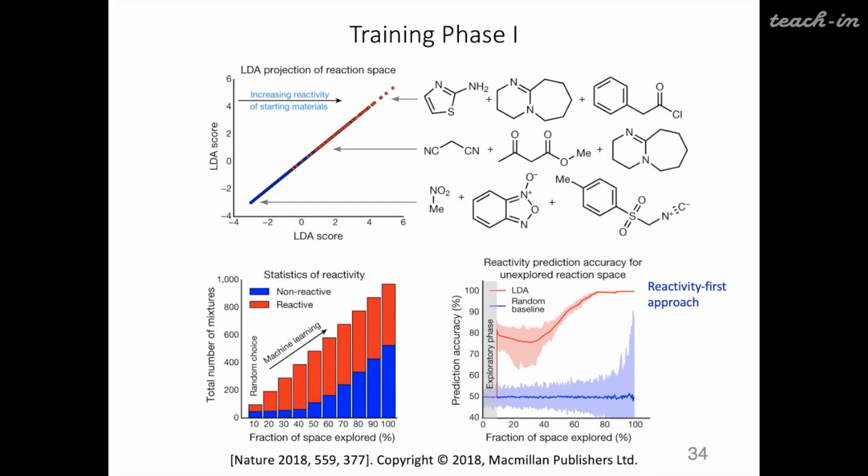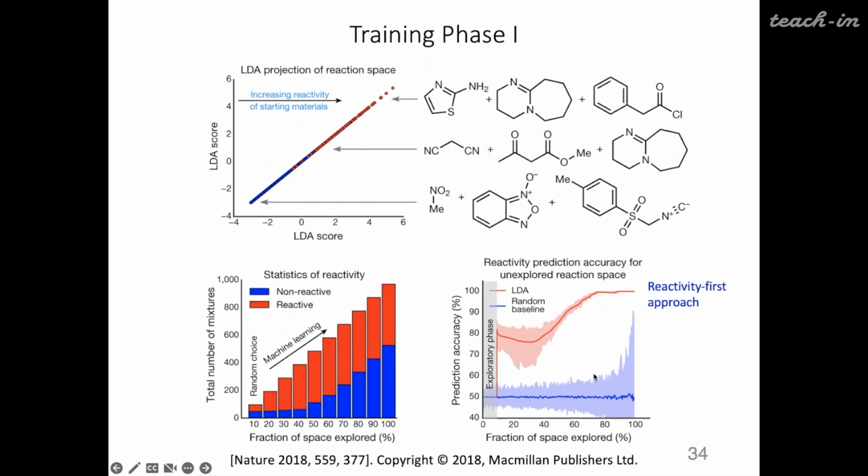The computer used linear discriminant analysis to pre-select reaction mixtures that are more reactive, and explored the whole reaction space. So initially, the number of reactive sequences was higher.